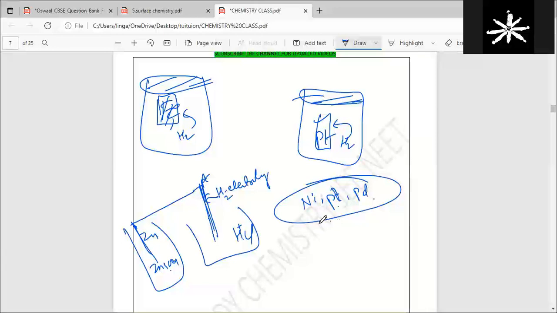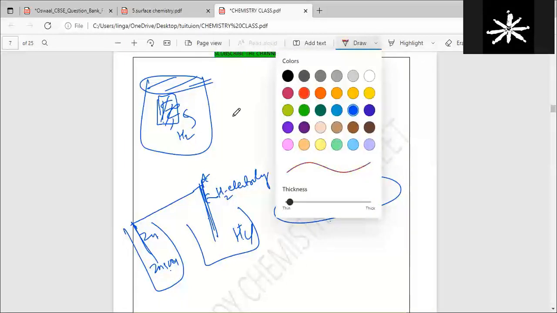So I took hydrogen gas in both containers. I am taking platinum here, I am taking iron here. So where is the hydrogen adsorption more? Platinum, obviously.